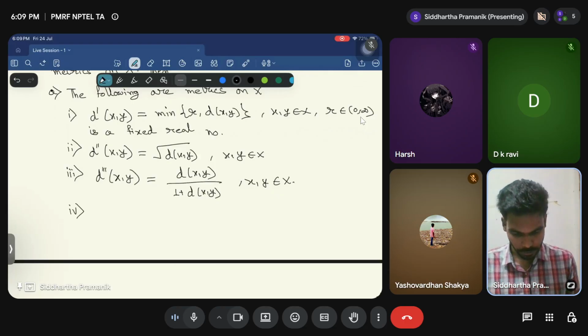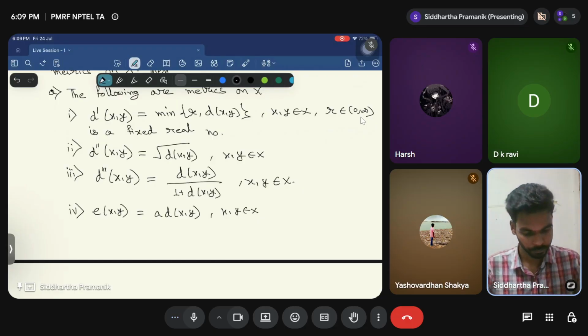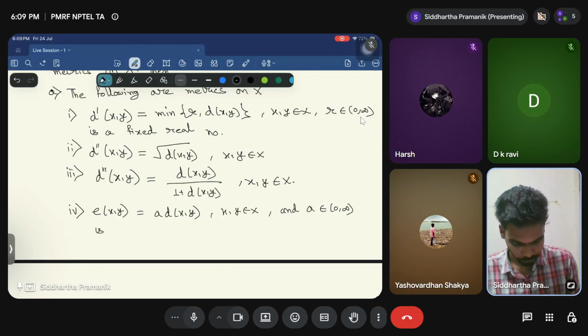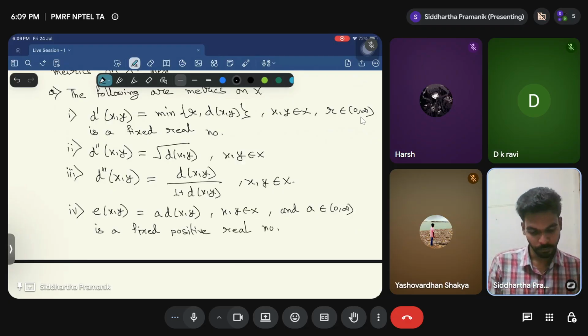Fourth one is, let's say e of x y is some a times d of x y, where a is a fixed positive real number. Okay, so this is the fourth one.